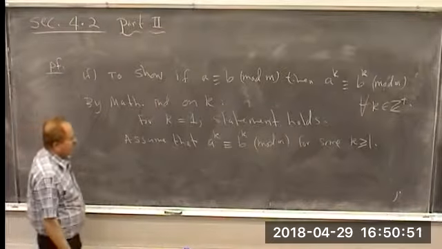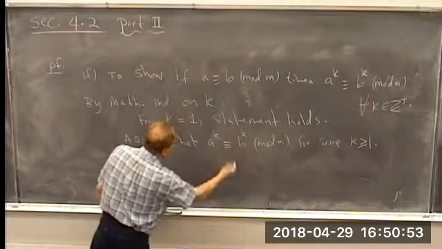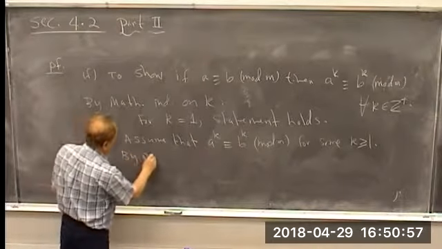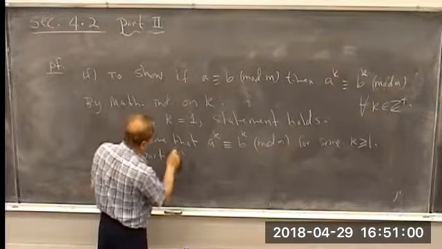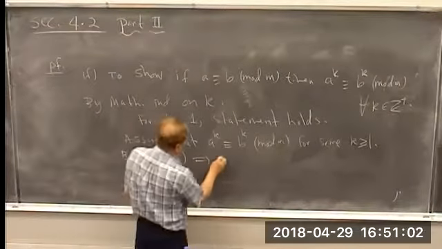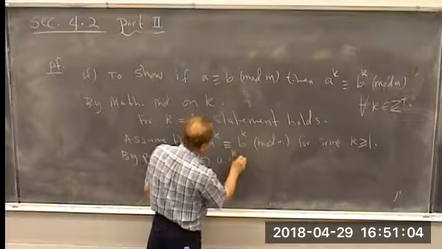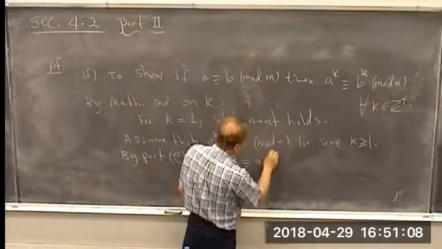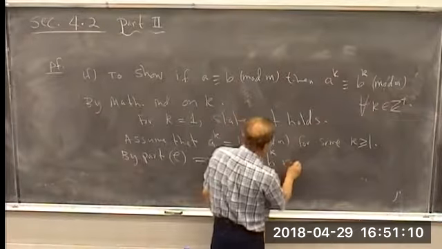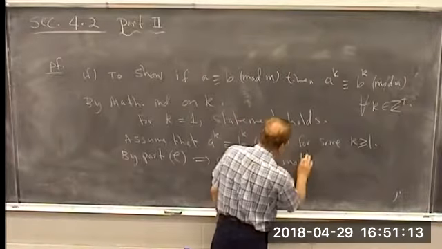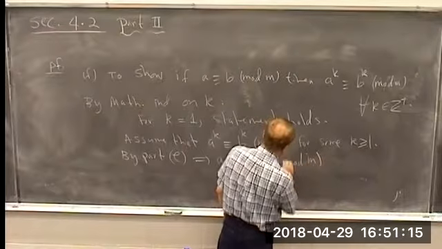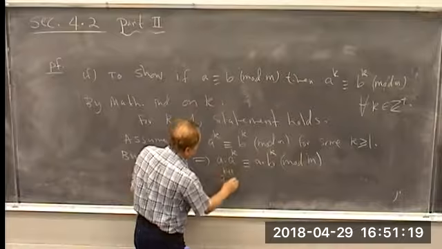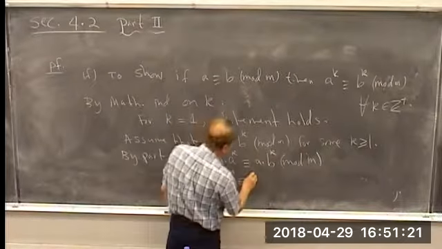Then I can multiply this, from part E, by A on both sides, and the congruence still holds.